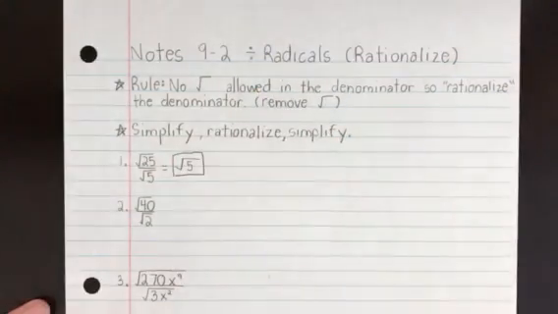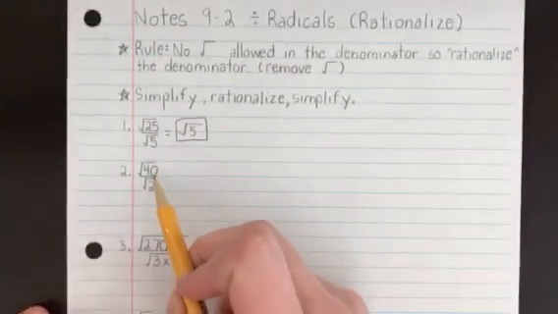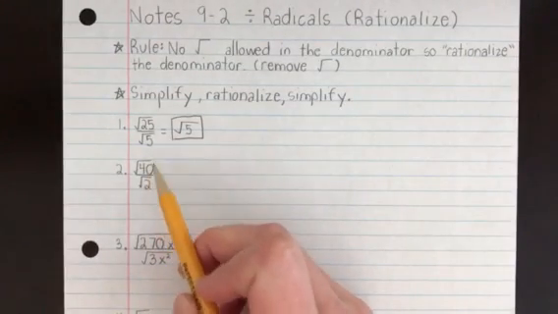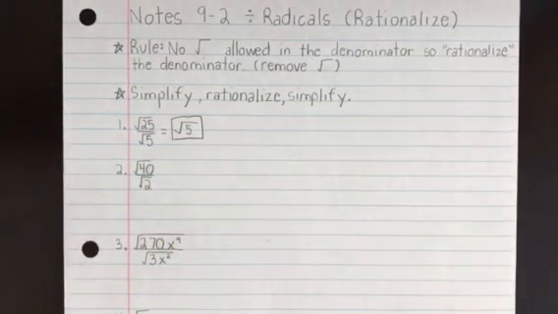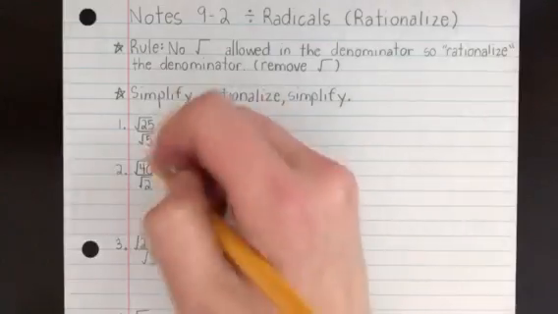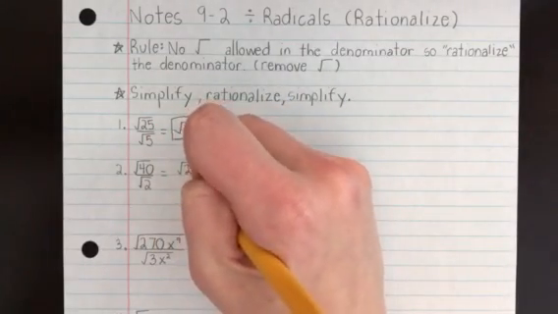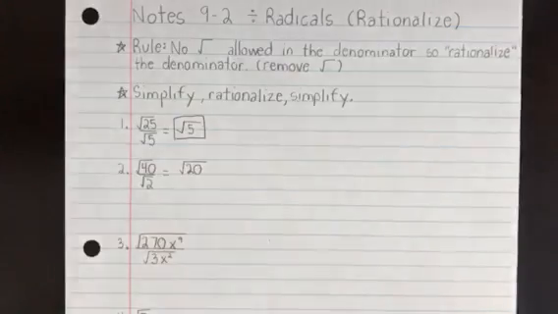Box it up. Looking at the next problem, square root of 40 over square root of 2. They're both under the square root. That means you can go ahead and divide them if possible, and it is. So square root of 40 over square root of 2 would give me square root of 20, because 40 divided by 2 is 20.